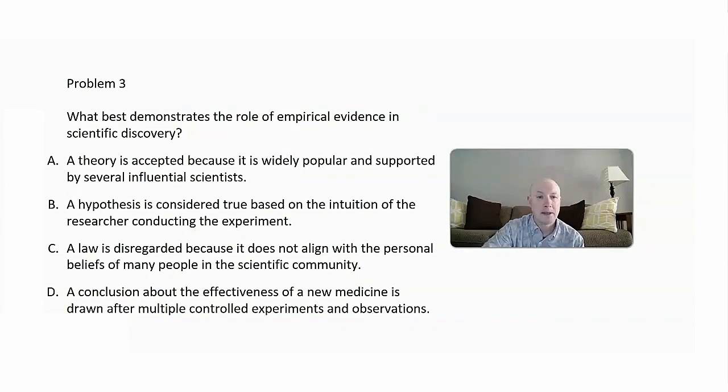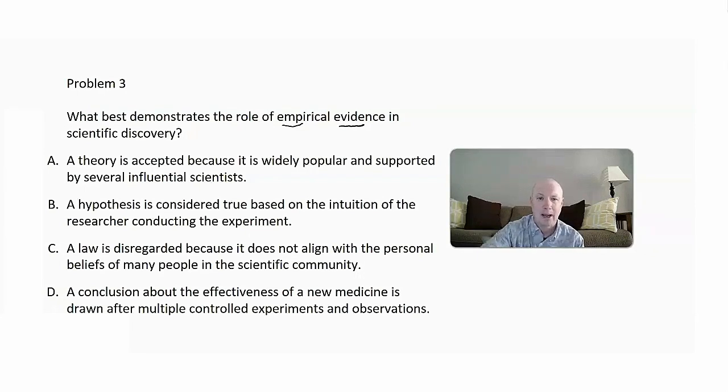Problem 3, what best demonstrates the role of empirical evidence in scientific discovery? So we see the words empirical evidence. All right, so that evidence is going to be based on experimentation and observations. Choice A, a theory is accepted because it is widely popular and supported by several influential scientists.